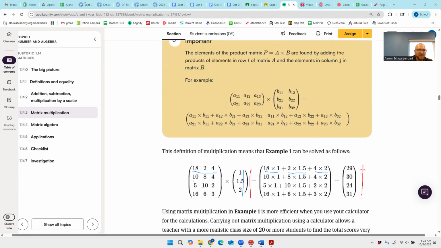Okay. So if you were to write out the 4 by 3, and then you were just doing multiply by ones, multiply by the 1.5s. So, yeah, you can see that row times column, it's all added together to give me, so if it's row 1, column 1, I get resultant space 1, 1.